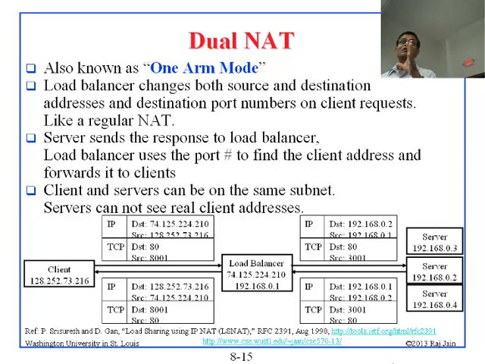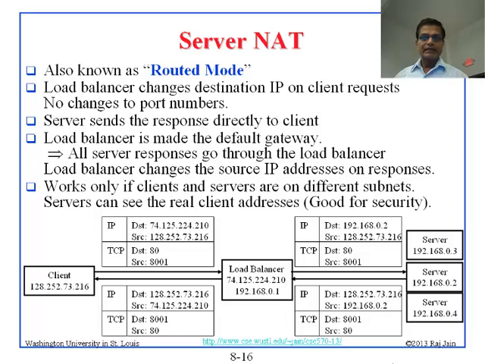There are many routers which have just one port. You don't have one port to come in and one port to get out. You just come in from the same port and get out of the same port. Those are called one-arm routers. Here, I think there are 2 ports. All right? So I have to think about why it is called one-arm mode. And I will find out and let you know later on, right?